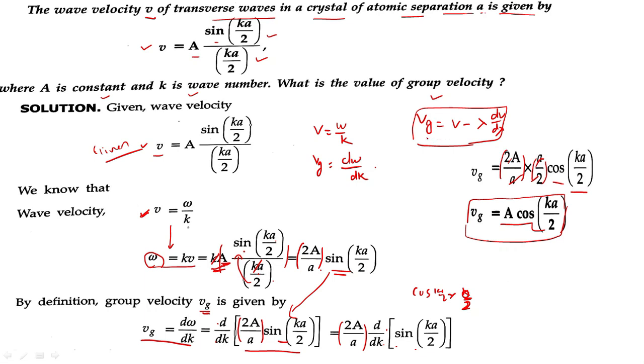If dv by d lambda is given, then you have to find vg. So this formula is very important. In order to solve such types of questions, you have to use this formula. Also you have to use the v equal to omega by k formula, and the vg equal to d omega by dk formula. Okay, now I think it is clear.